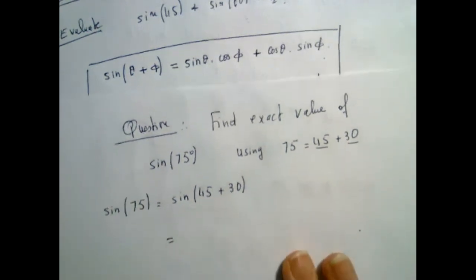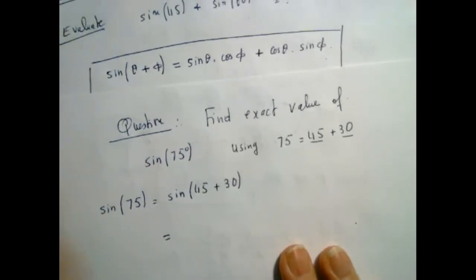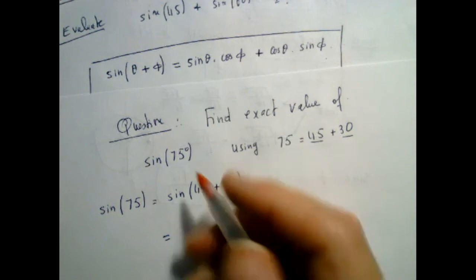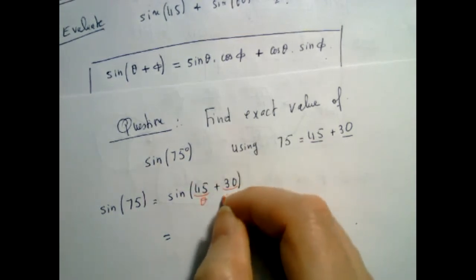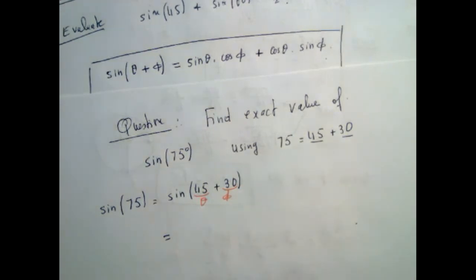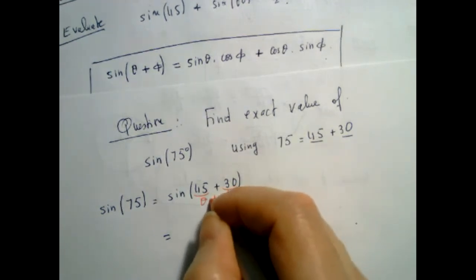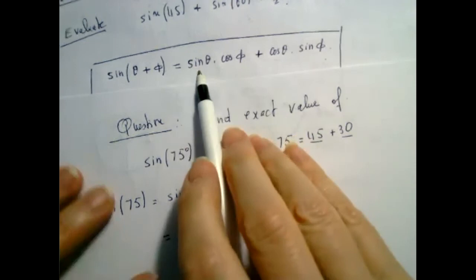And now let's see how we're using this identity. I can think of this as my theta, and I can think of that as the phi. So I have theta plus phi. And what does this formula tell me?